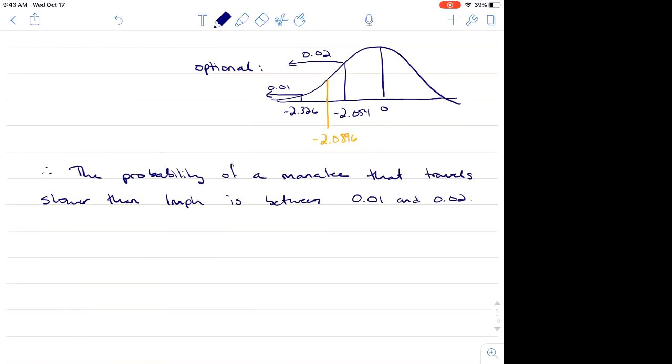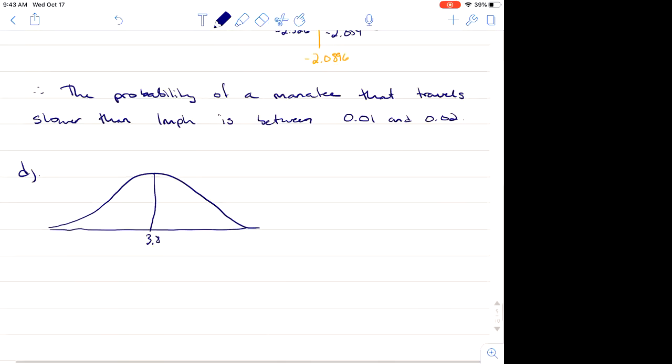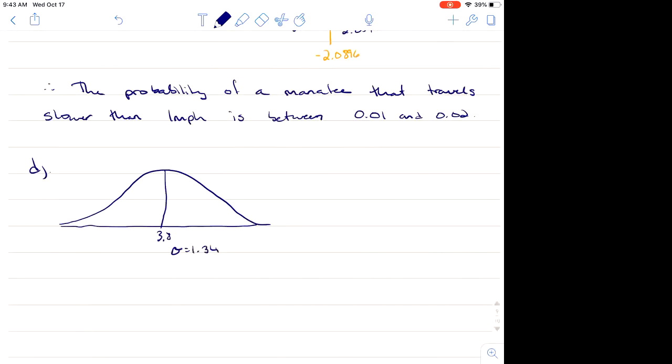So now we can do part D here. What speeds capture the central 90% of manatee speeds? So here we've got our normal distribution again, centered on 3.8. Sigma is still 1.34. And at some point here and here, this area, we're forcing it to be 0.90.